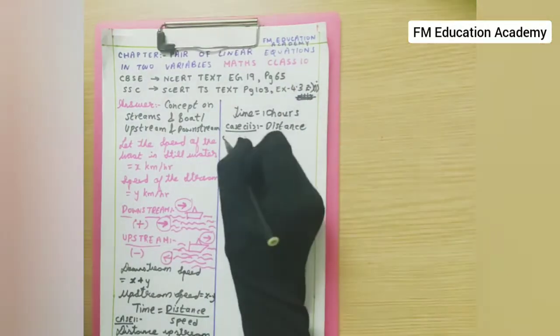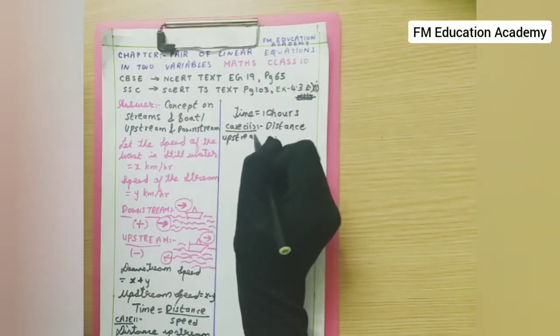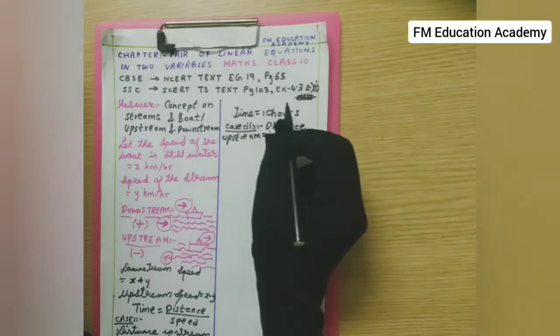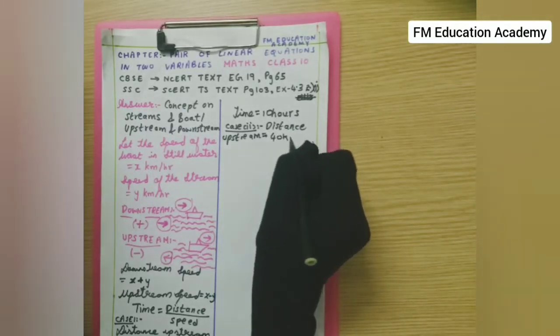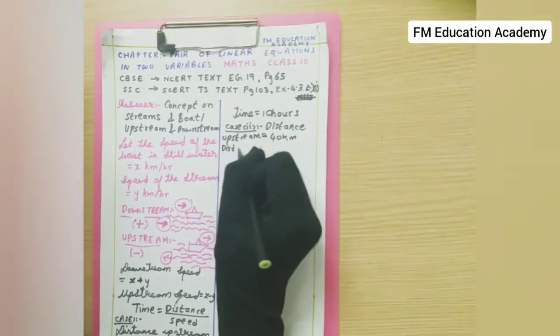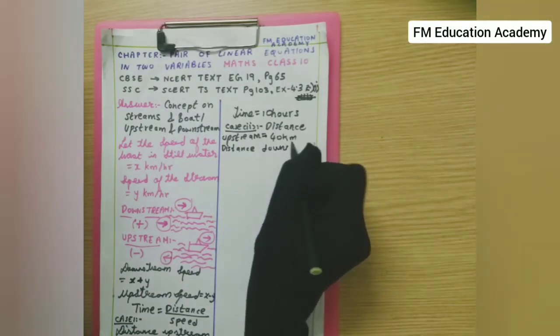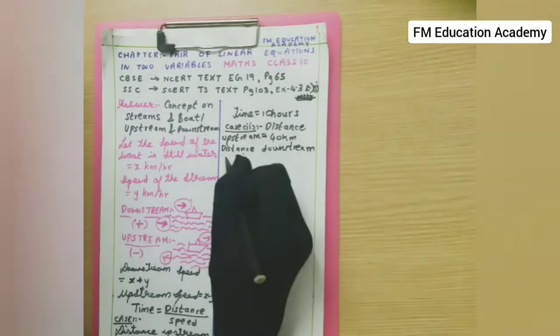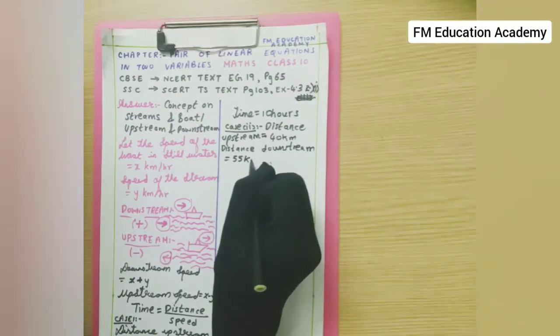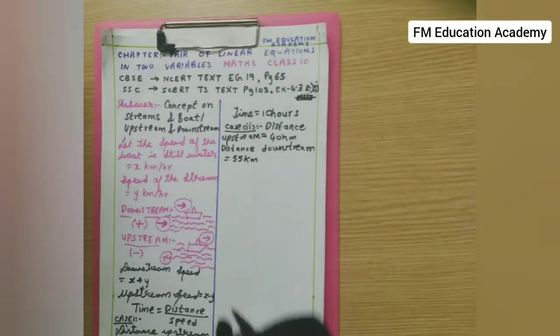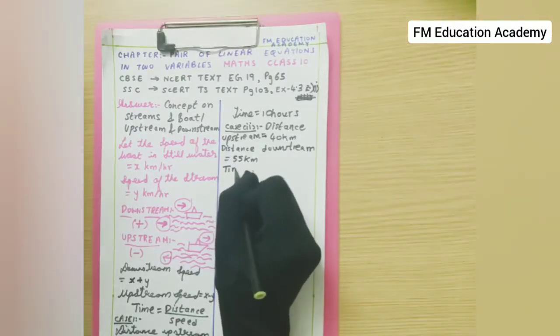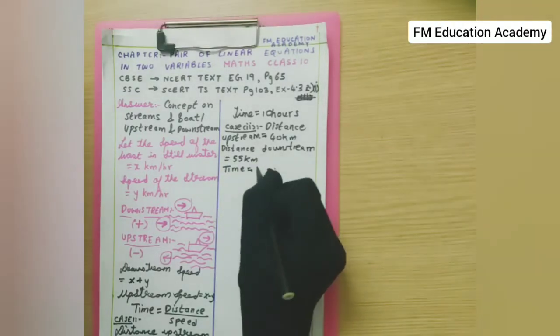That only I am going to write for the equation. Hence distance upstream is given as 40 km and distance downstream is given as 55 km. Time for this case is 13 hours.